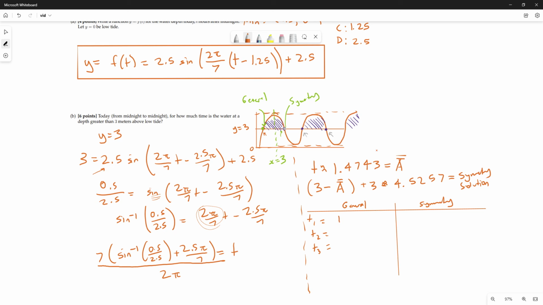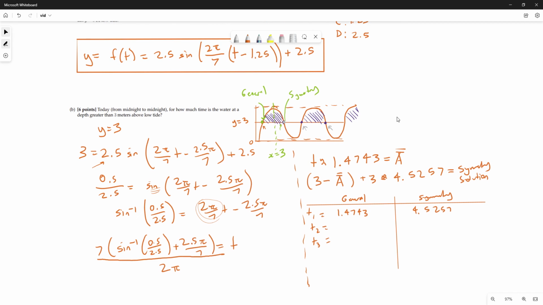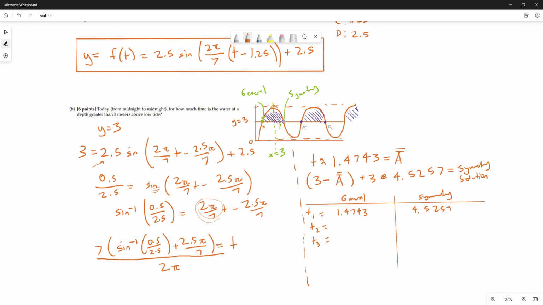So the general solution we found, the first time it crosses, is 1.4743. And our symmetry solution is 4.5257.